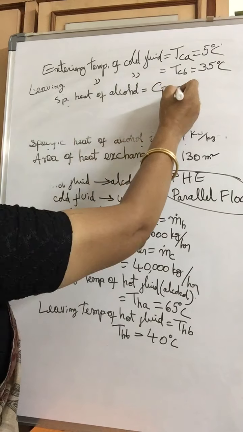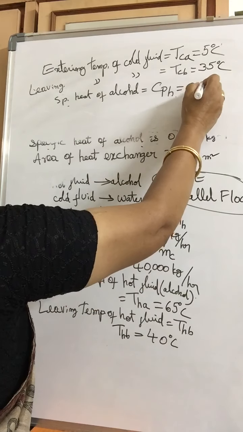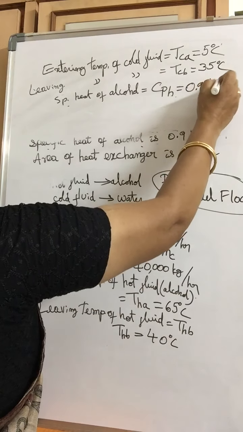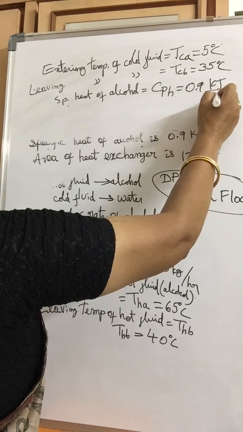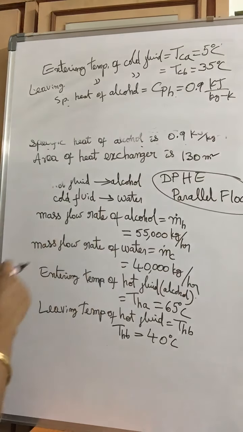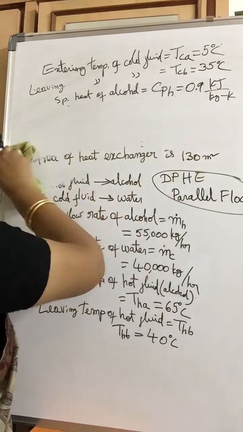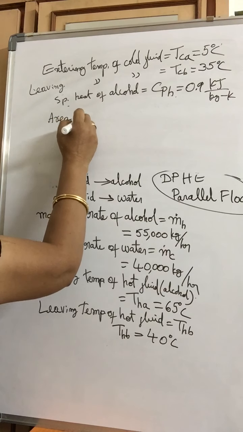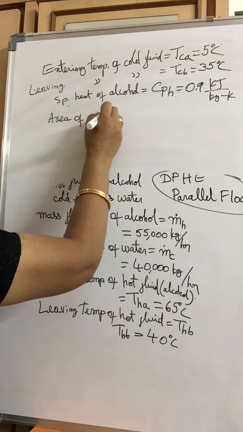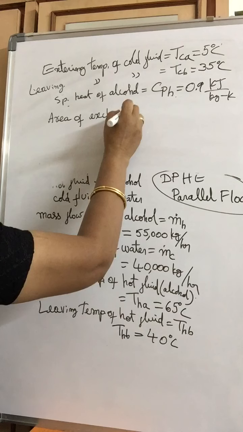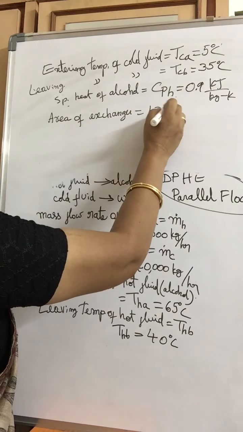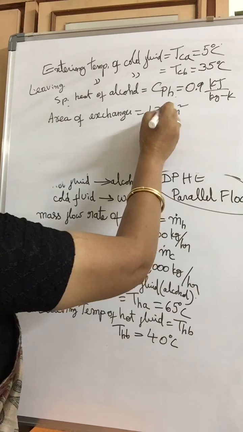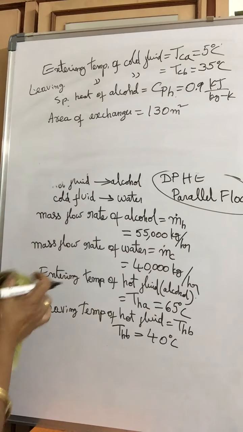Specific heat Cp is 0.9 kilojoules per kg per Kelvin. Then the last piece of information is the area of the heat exchanger, that is 130 meters square. So we have written all the information that is given.